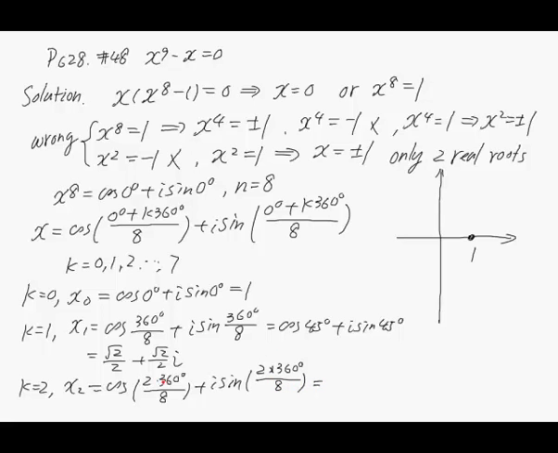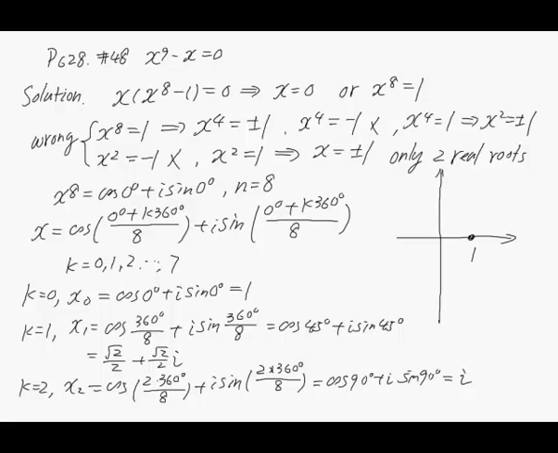And we know this is 720 degrees divided by 8. You get 90. So you have the cosine of 90 degrees plus i times sine of 90 degrees. Cosine of 90 degrees is equal to 0, and sine of 90 degrees is equal to 1. So you get i. So this is the third eighth root of this number 1.